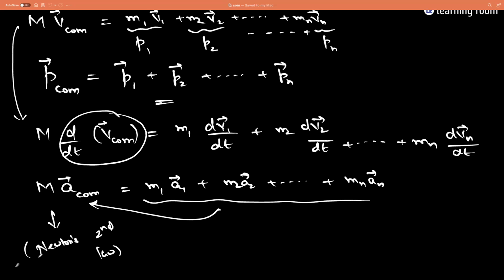So we can say that the force acting on the center of mass is equal to the vector sum of the individual forces experienced by the particles in the system.